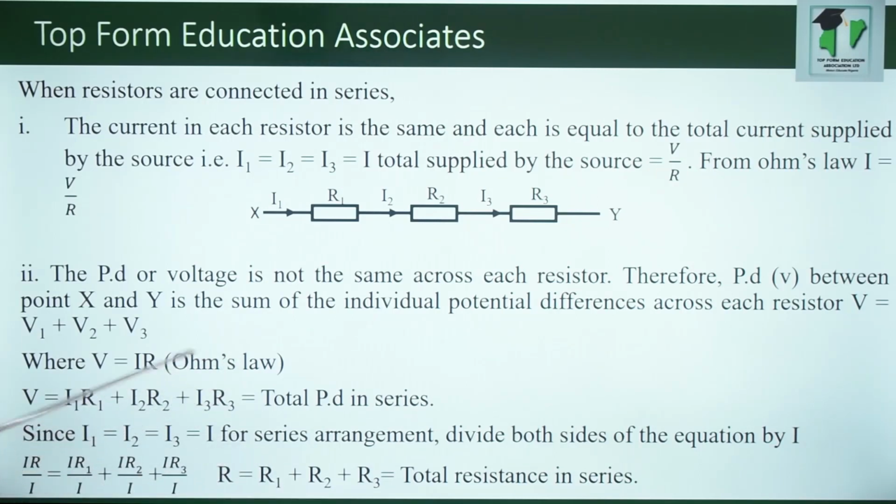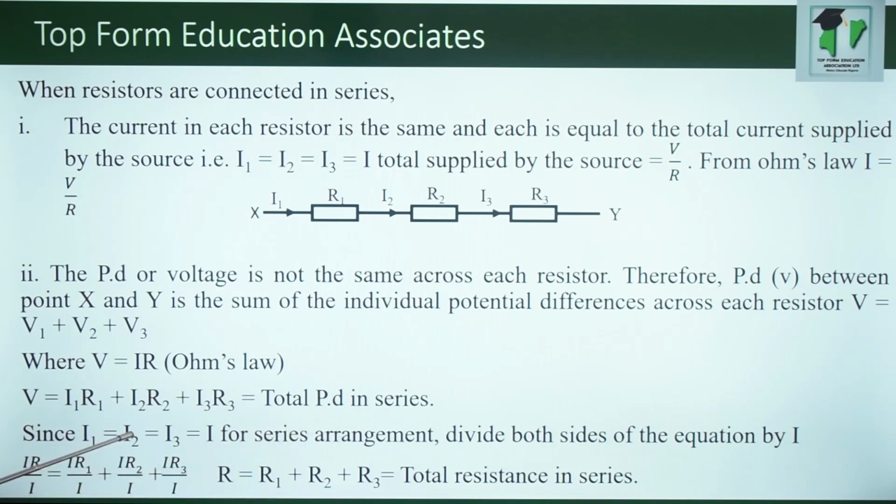So to get total voltage, you have to add the voltage for resistor 1, the voltage for resistor 2, and the voltage for resistor 3. Where V is equal to IR, that is Ohm's law. So if you now want to get the total V, you have V is equal to I1 R1 plus I2 R2 plus I3 R3. That gives you total voltage or total PD in series.